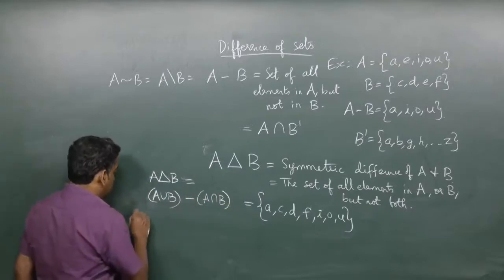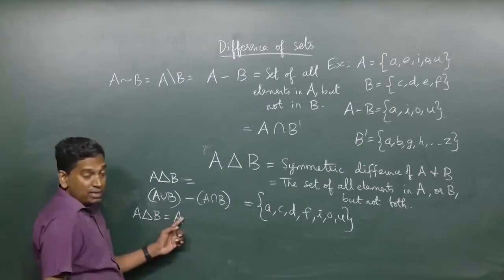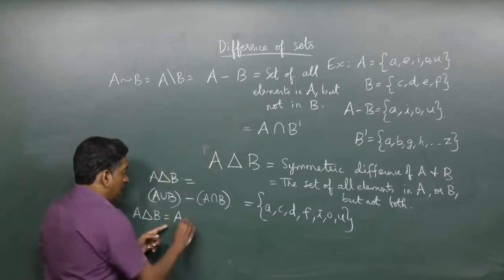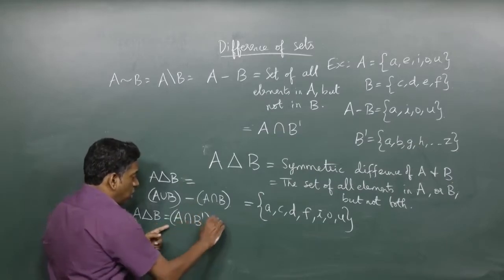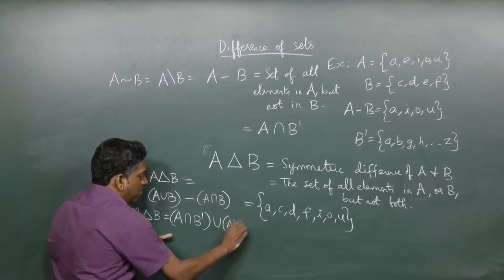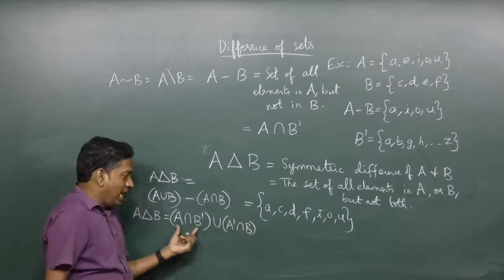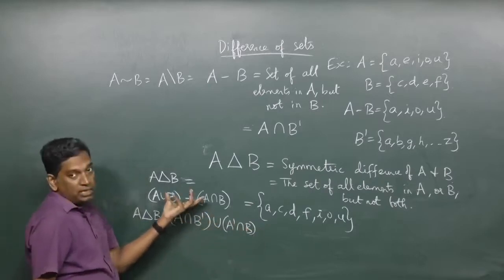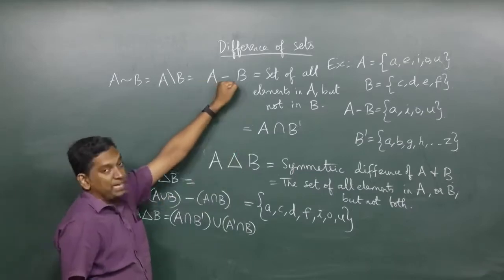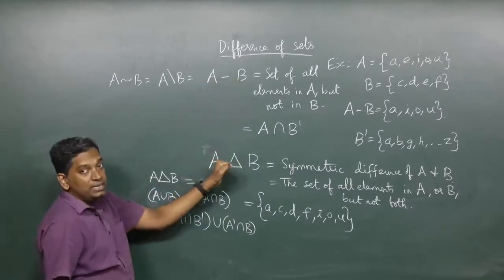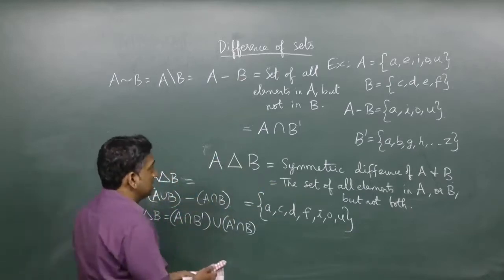The other way is A delta B is all the elements in A and not in B, which is A intersection B bar, or A bar intersection B. This would also algebraically simplify to the expression that we have got. So we have defined two new operations, A minus B as well as A delta B. Now this is pretty much all the operations that we need.